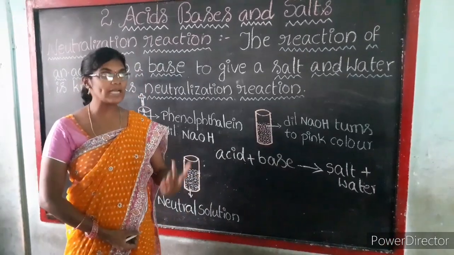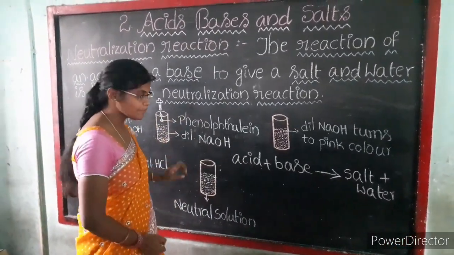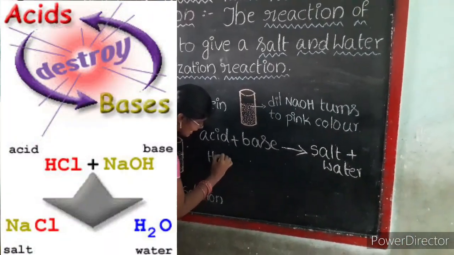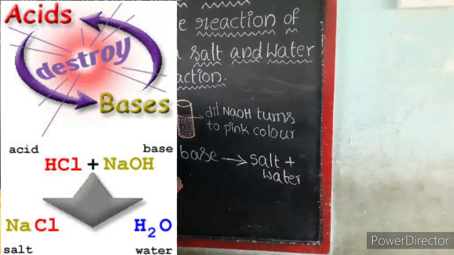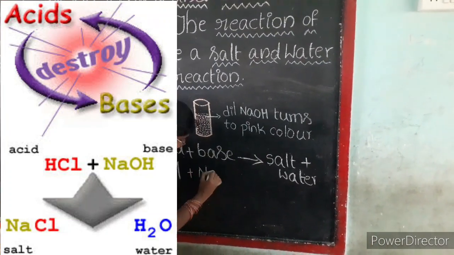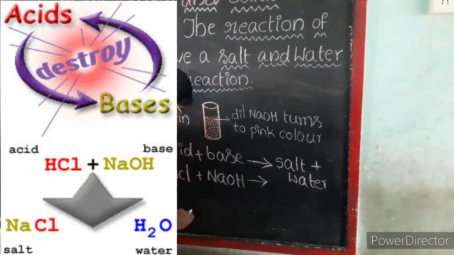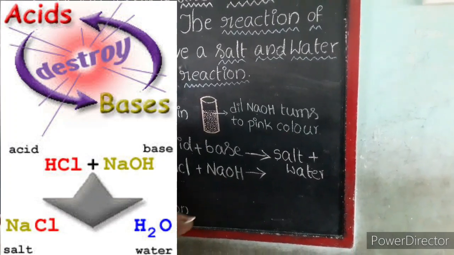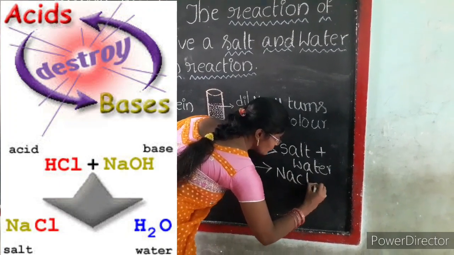Now, I am going to write the chemical equation for this activity. Here, we have taken the acid as hydrochloric acid and the base as sodium hydroxide. Here we are going to get HCl and NaOH. Together they give NaCl, sodium chloride.